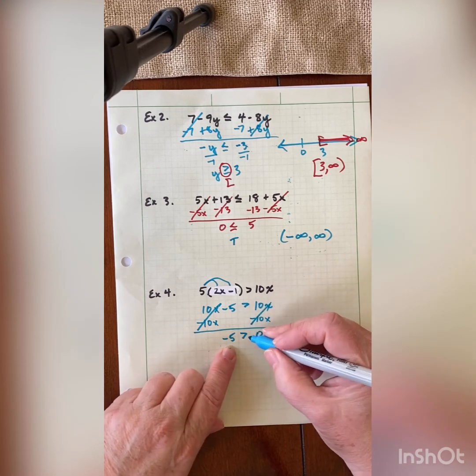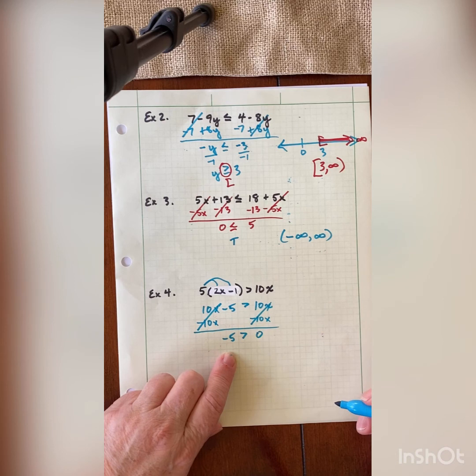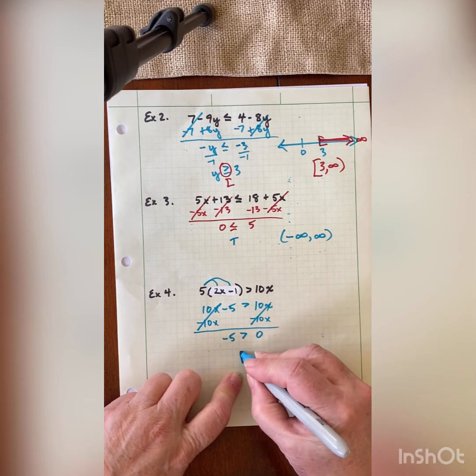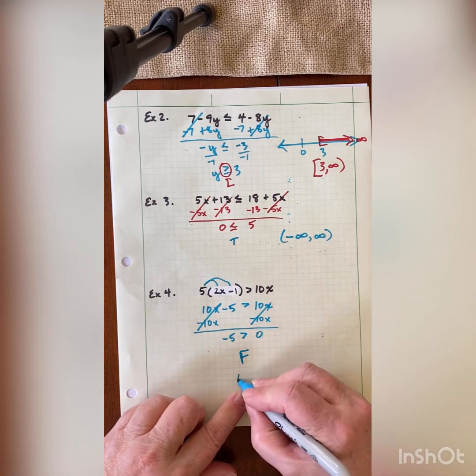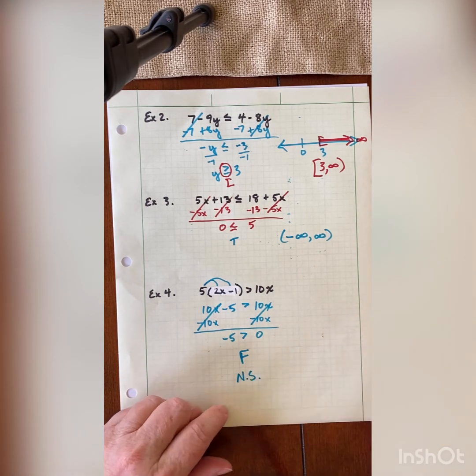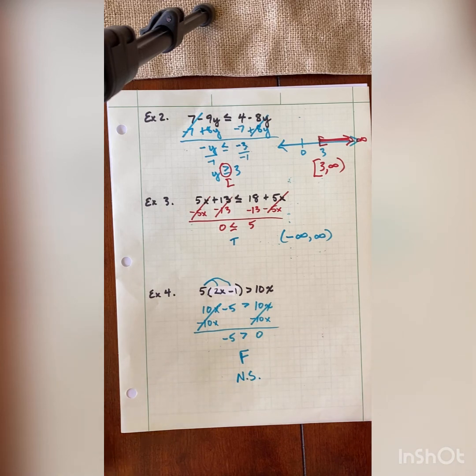So is -5 greater than 0? Well, in this case, I have a false statement. All my variables are gone, and I'm left with a false statement, okay? That means no solution. There are no real numbers that will make this inequality work, okay? And this is called the inconsistent inequality.